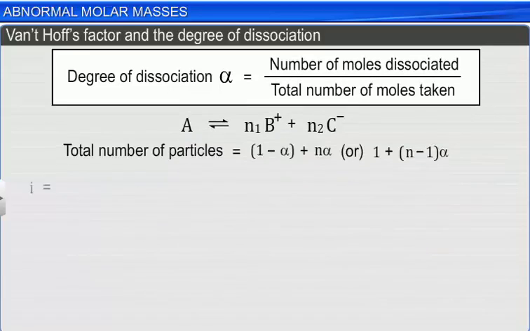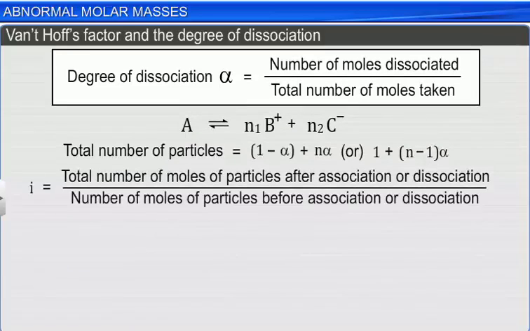Substituting the values of the number of particles in the relation, i is equal to total number of moles of particles after association or dissociation divided by number of moles of particles before association or dissociation, we get i is equal to 1 plus (n minus 1) alpha, divided by 1. On rearranging, we get alpha is equal to (i minus 1) divided by (n minus 1). Knowing the value of i from the colligative property measurements, the degree of dissociation alpha can be calculated.